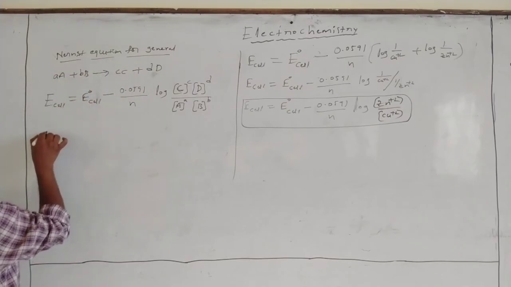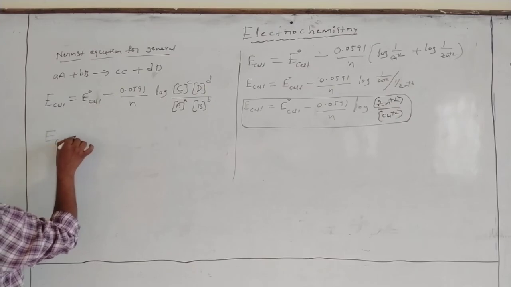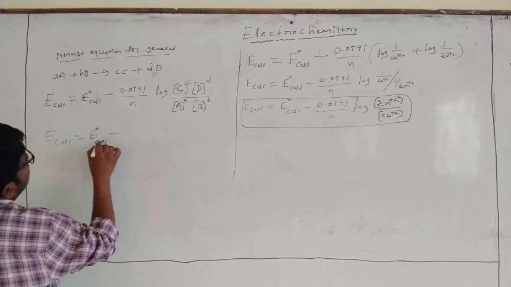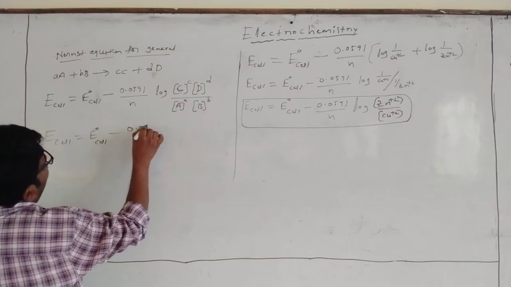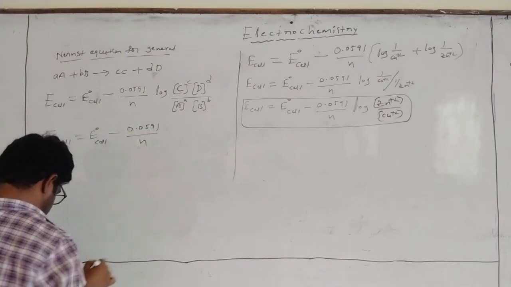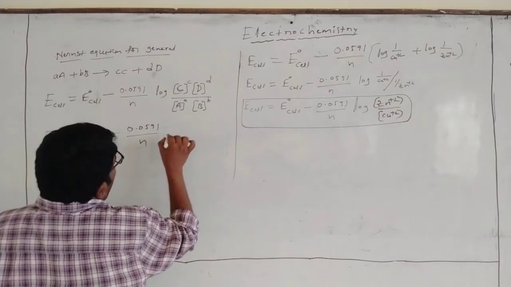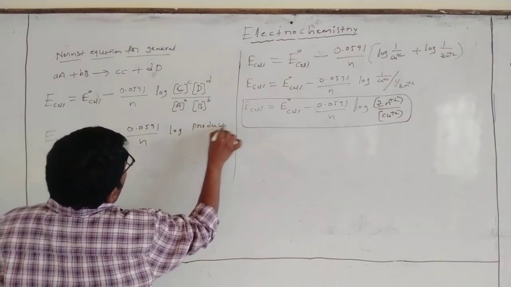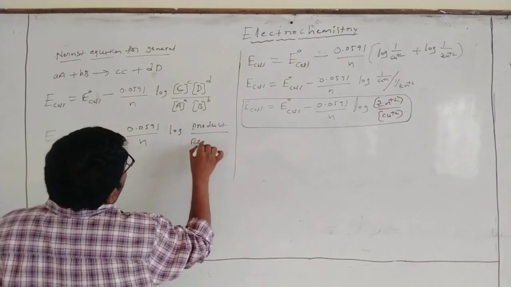Now E cell is equal to E naught cell minus 0.0591 by n log product by reactant.